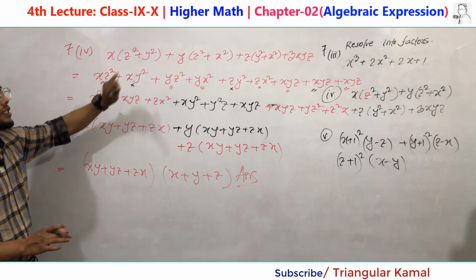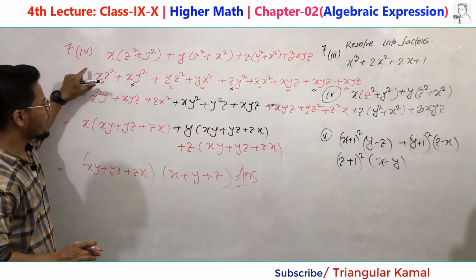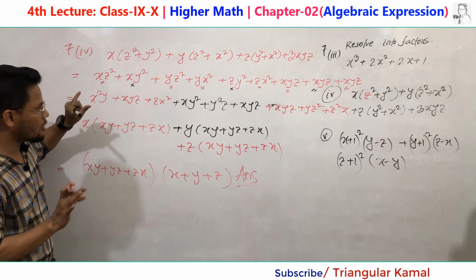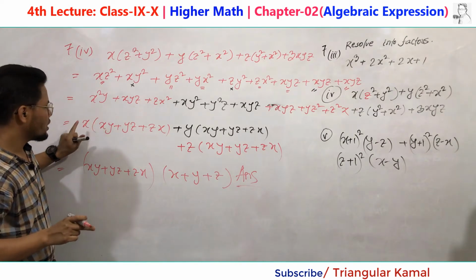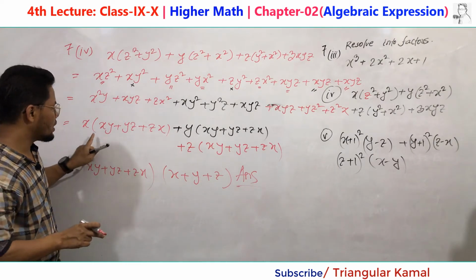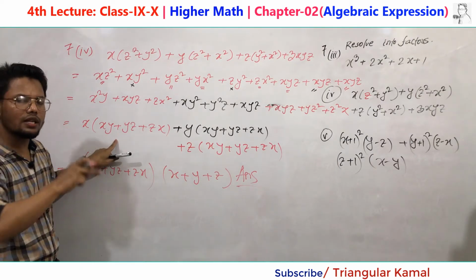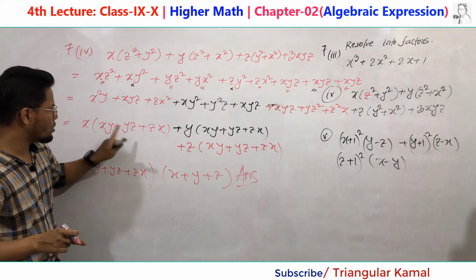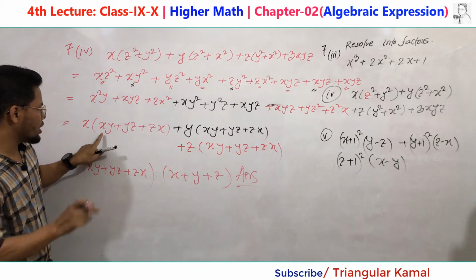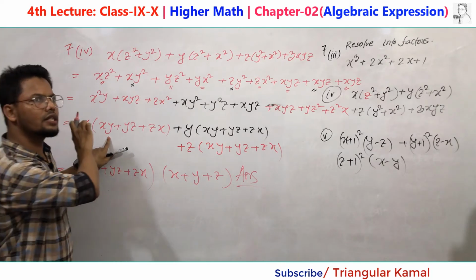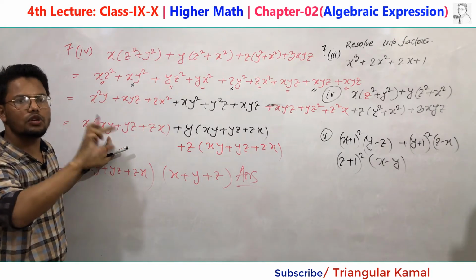Just doing the simple multiply, then arranging all data in the fixed method, and then we can take common x, y, z, and inside the 3 parts will be in a cyclic order xy, yz and zx. And if you take common here first like xy, then the inside first one will be x plus y plus z.